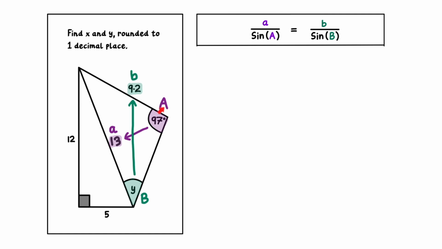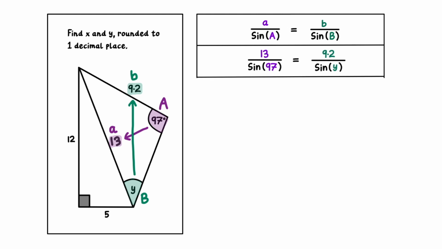Here, capital A equals 97, little a equals 13, capital B equals y, and little b equals 9.2. When we input these values into the sine rule, we get 13 over sine of 97 equals 9.2 over sine of y. From here, we can use some algebra to find the value of y.